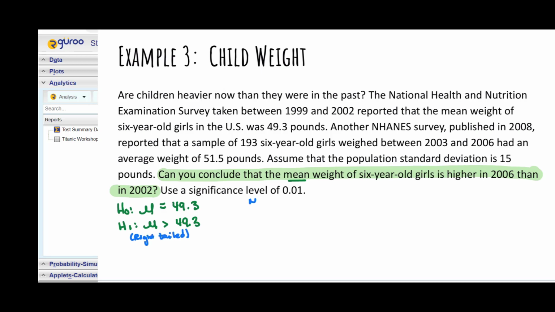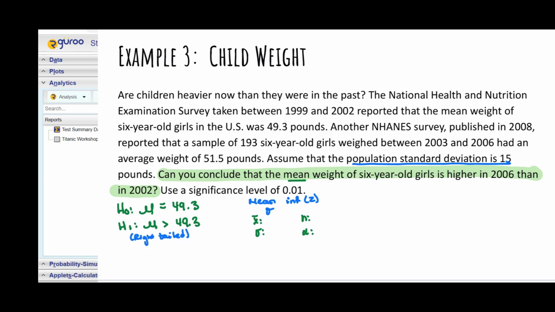All right, we're doing a mean inference, just like before. They give us the population standard deviation, so we're doing a Z again. They're going to ask us for some info. They're going to want X bar, sigma, N, significance level, and alternate statement, which we've already written.